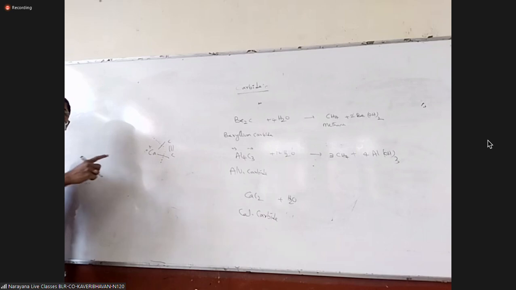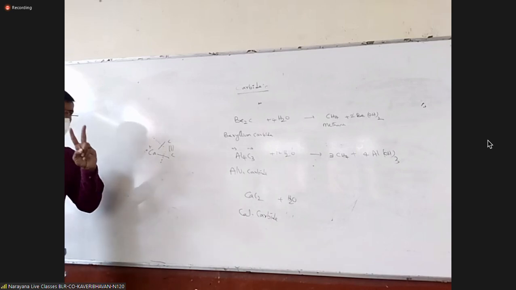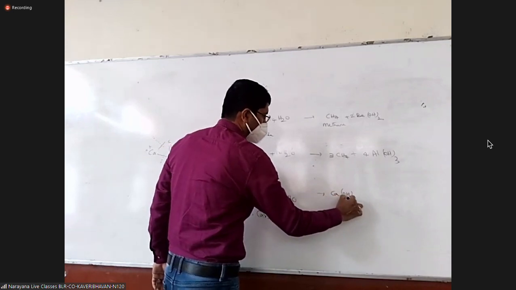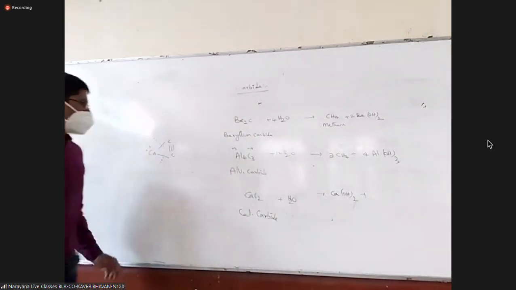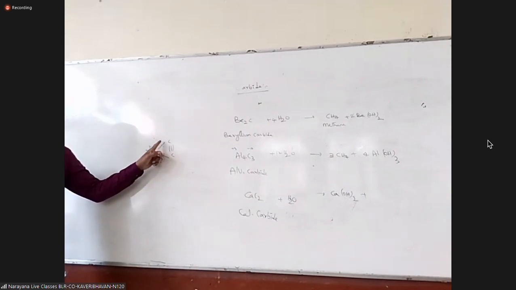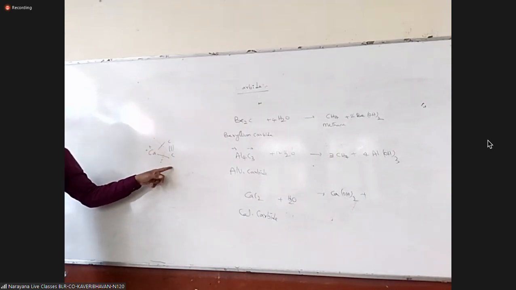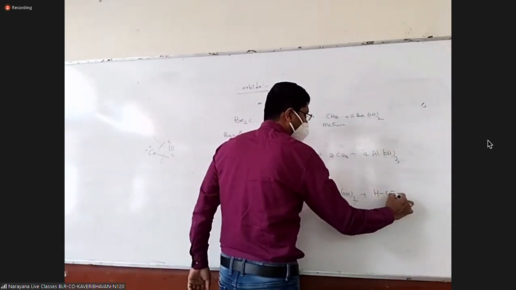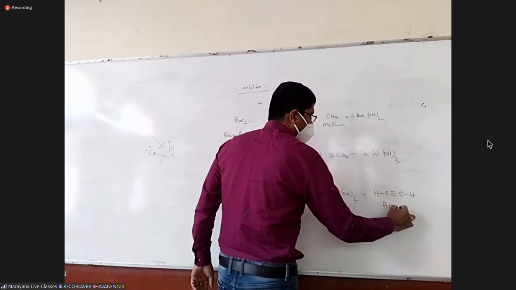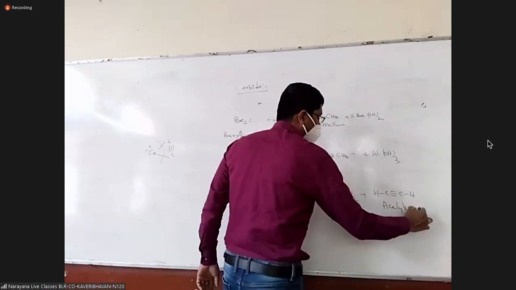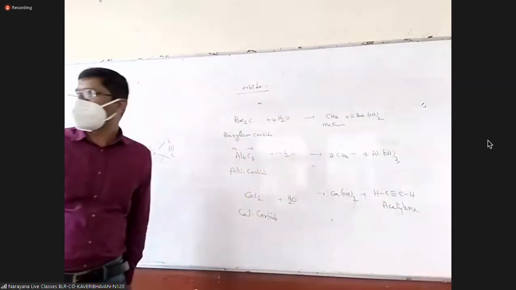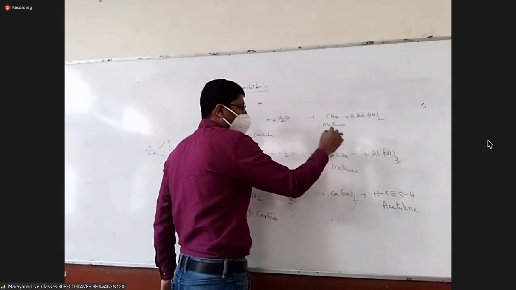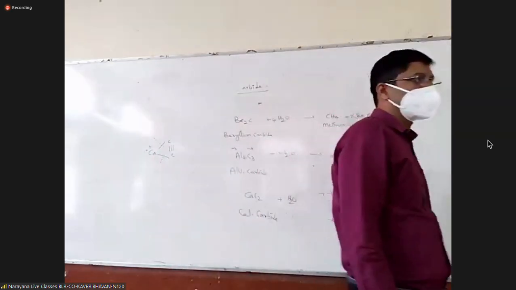So total plus 2 means how many OH minus will it take? 2. So what is the product? Ca(OH)2 taken twice, plus, what about the carbon? Here 1 H, here 1 H. So C2H2. What is the carbon? Alkyne, right? This is acetylene. And this is methane. So carbides on hydrolysis give hydrocarbons. This is important.